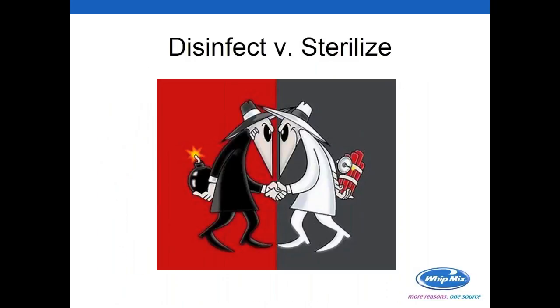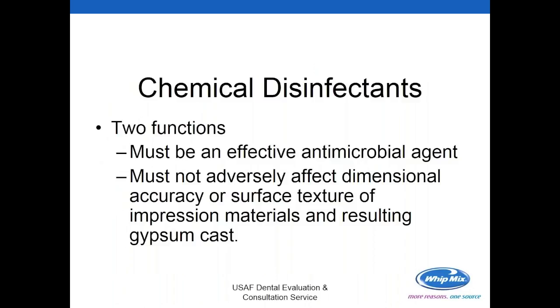Okay. Now, let's talk about disinfection versus sterilization. We defined it earlier on, but let's really take a look at it. Chemical disinfectants have two functions. They have to be an effective antimicrobial agent. They must not adversely affect the dimensional accuracy or surface texture of impressions, materials, or cause problems with the gypsum that we pour.